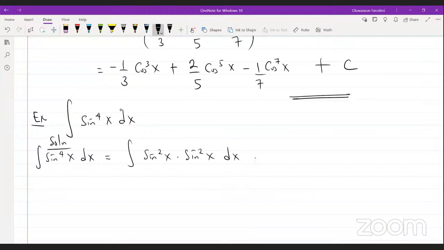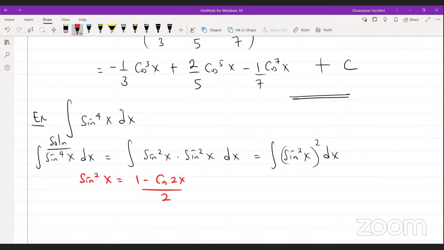If I want to rewrite this guy, this is the same thing as saying (sine squared x) all squared dx. I just split this guy out so that you guys can see what I was trying to achieve. But using the half angle formula, I have an equivalence for sine squared of x. So remember that sine squared of x can be written as (1 minus cosine 2x) over 2.